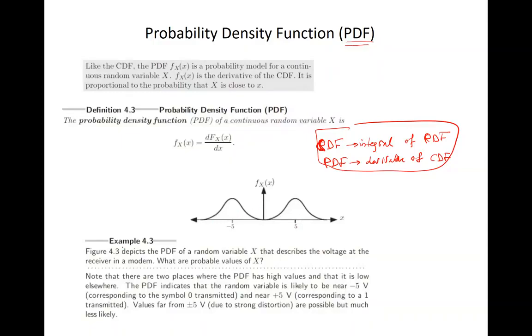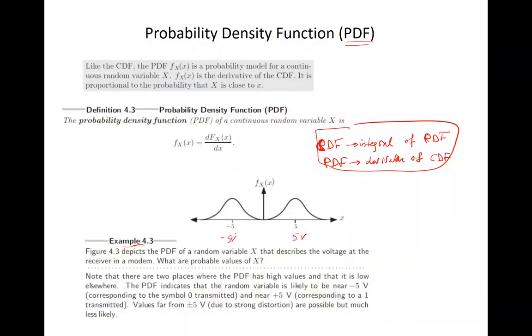Here we see in example 4.3 a modem voltage. Suppose that we measure the voltage of the signal in a modem. We'll see that most of the values that we measure will be either 5 volt or -5 volt.